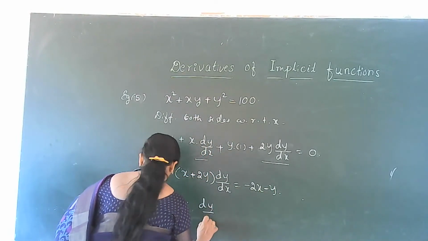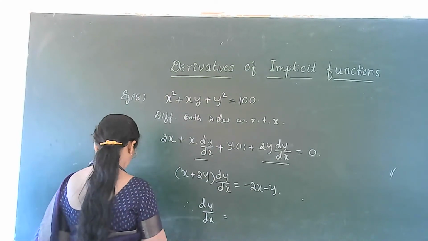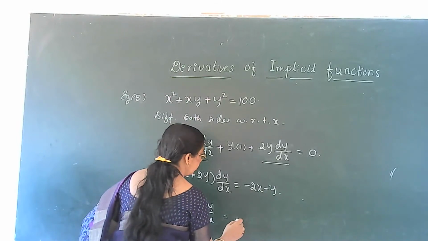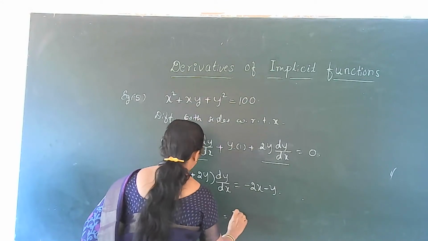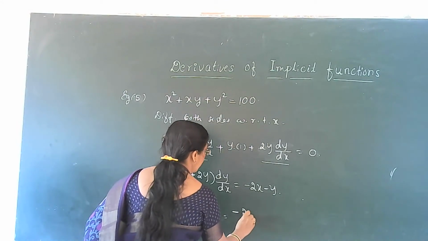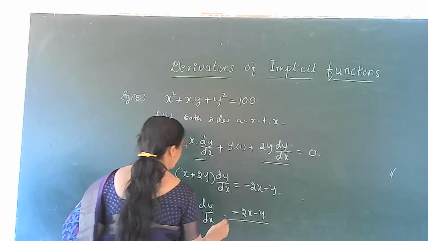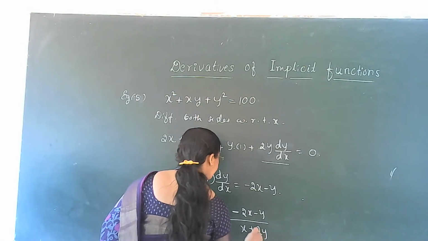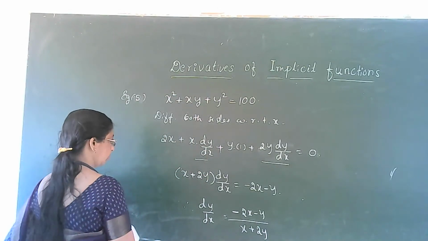Therefore, dy by dx is equal to minus 2x minus y divided by x plus 2y.